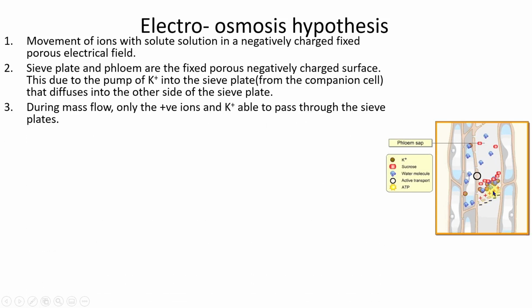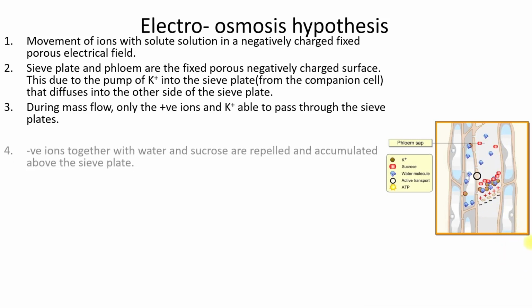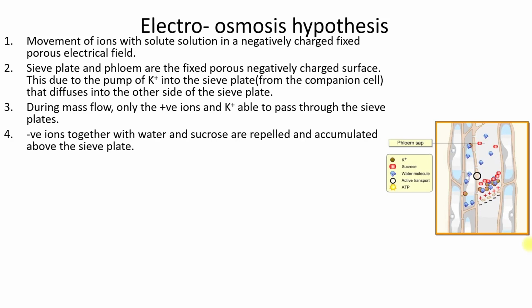Now, during mass flow, only the positive ions and potassium ions are able to pass through the sieve plates. Negative ions, together with water and sucrose, are repelled and accumulated above the sieve plates.